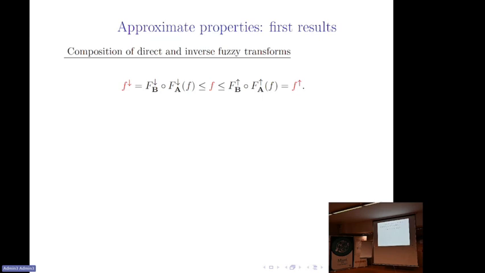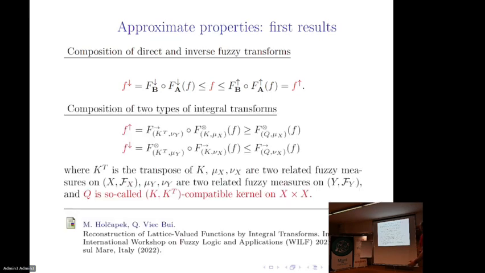It is known that the composition of lower fuzzy transforms, inverse and direct, gives a lower boundary for the original function. And if we compose the upper direct and inverse fuzzy transforms, we get an upper boundary for this function. So the original function is between a lower approximation and an upper approximation.